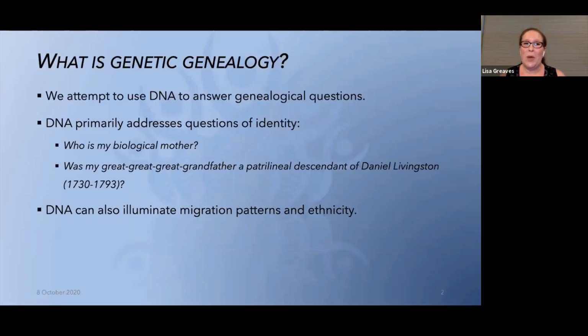So, starting at the beginning, what is genetic genealogy? In a nutshell, we attempt, we don't always succeed, we attempt to use DNA to answer genealogical questions. And the questions that DNA typically addresses are who questions. So who was my great-grandfather? Or if you're adopted, who was my biological mother, for example. It can also address more distant questions, such as your great-great-great-grandfather.